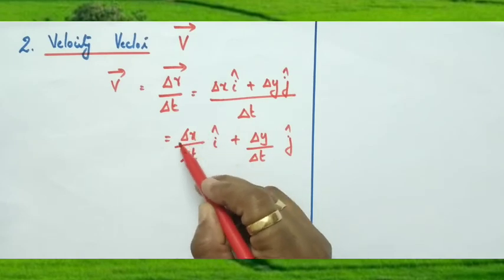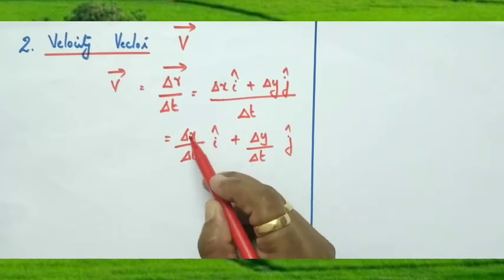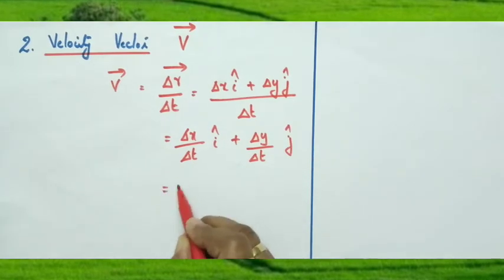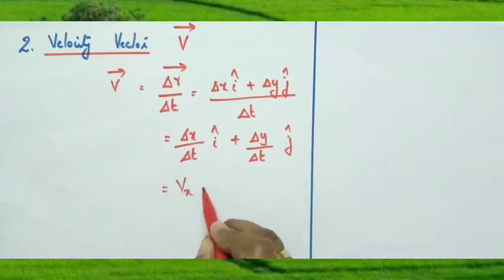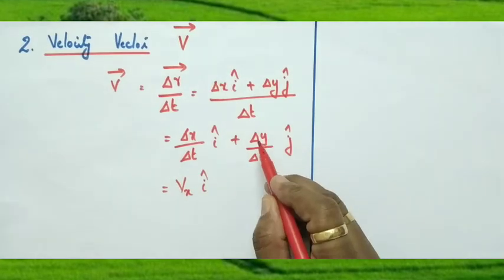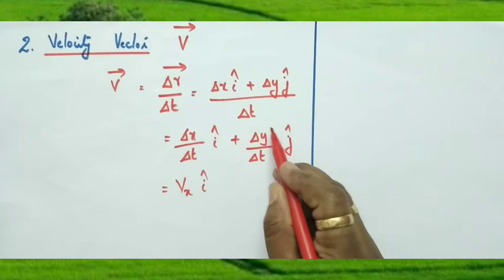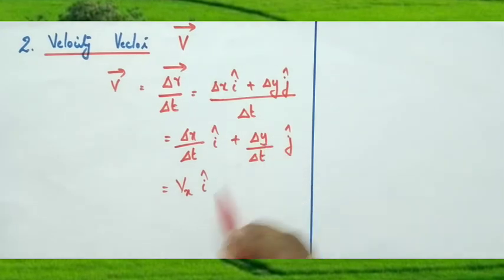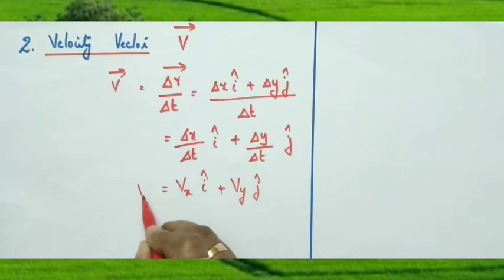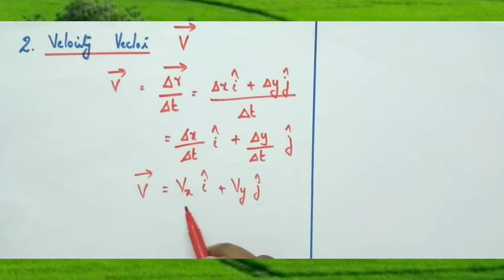That is displacement along x direction divided by time, that is velocity along x direction into I cap. What is delta Y by delta t? That is displacement by time along y direction, that is Vy j cap. So, how will you represent velocity in vector form? Vx I cap plus Vy j cap.